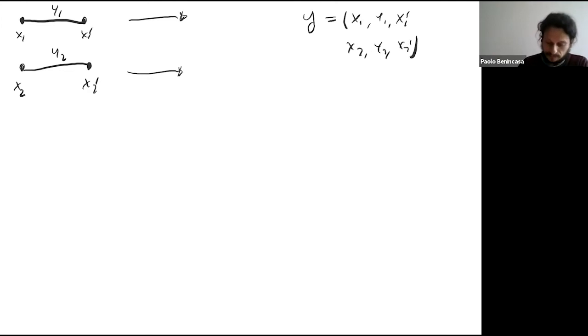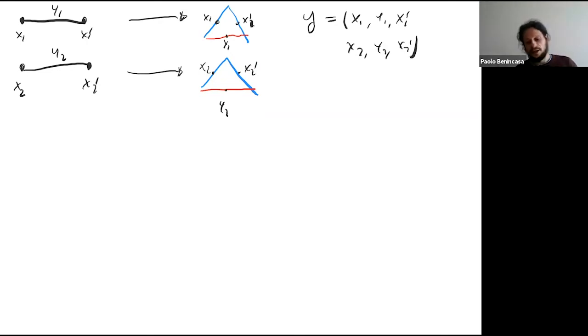To each of them I can identify a triangle, with here labels x1, x1 prime, and y1, and here x2, x2 prime, and y2. So in a sense, they are different graphs. They live in the space, and now this is in P5. And there are two triangles, so they don't talk to each other.